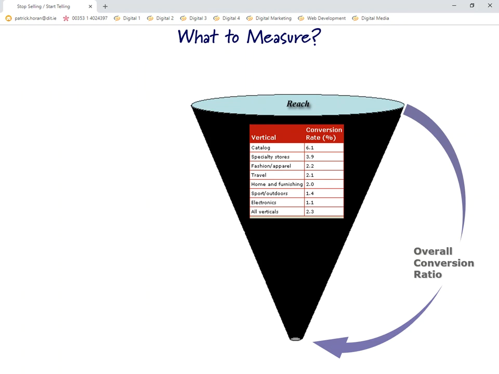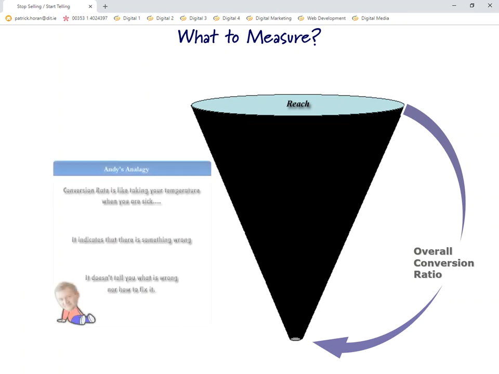You can see different areas such as catalogs, such as Amazon, a lot higher than maybe electronics, which is 1.1%. Home and furnishing 2%, travel, as I said, 2.1%, apparel 2.2%, and so on. The catalogs are things like Argos and Amazon and so on, where people actually go normally with an intention of buying at some stage, either very soon or somewhere down along the route.